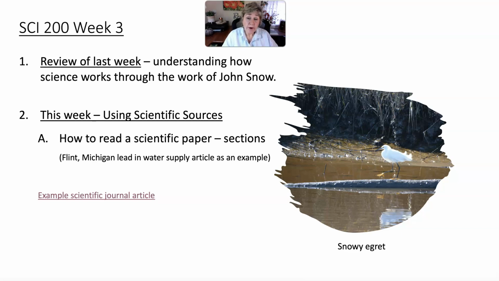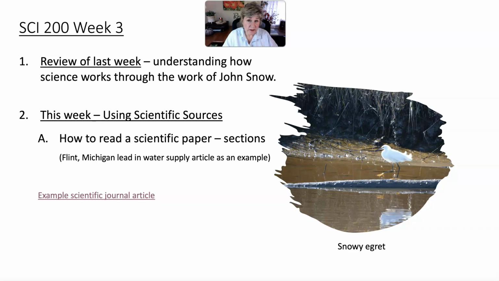You learned about the process of science last week, and this week is all about finding and using scientific sources. I mentioned last week that the Shapiro Library is an excellent resource for you, a huge database of all kinds of articles to look for as you're searching for scientific sources for your topics this week.